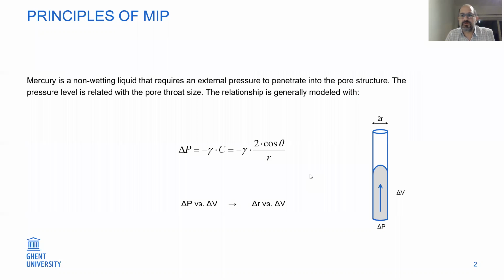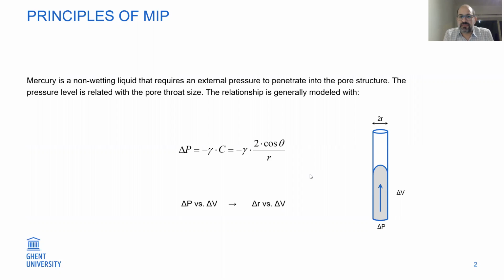I assume most of you are familiar with the principles of MIP, which is based on the non-wetting nature of mercury, meaning it requires an external pressure to penetrate into the pore structure.